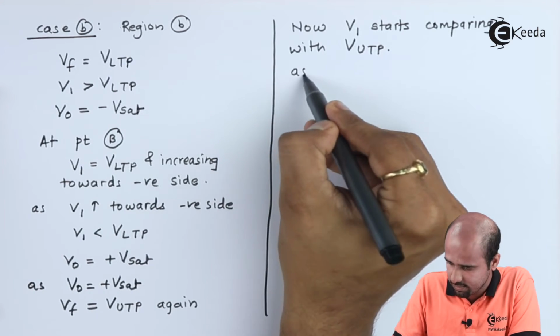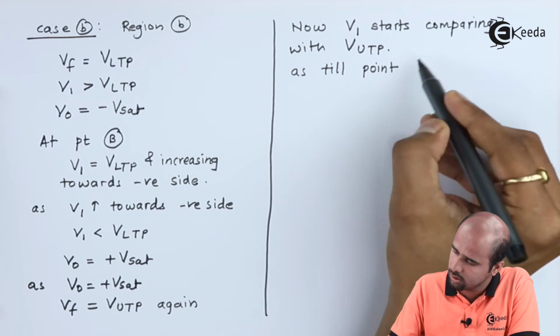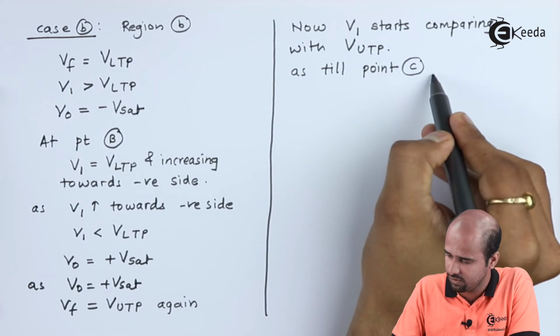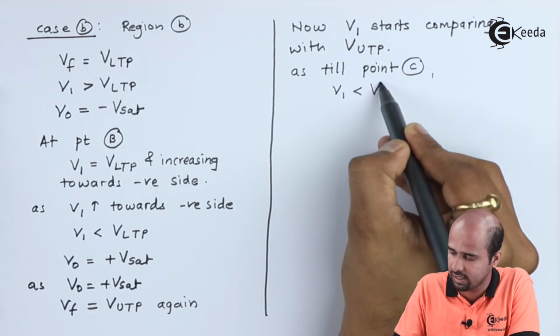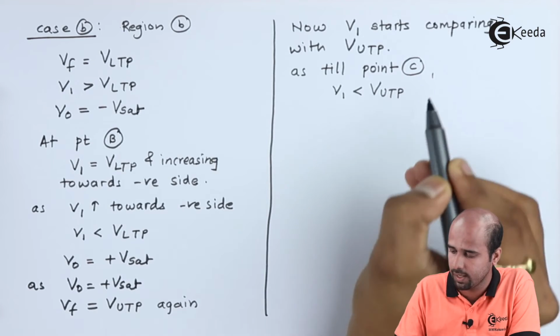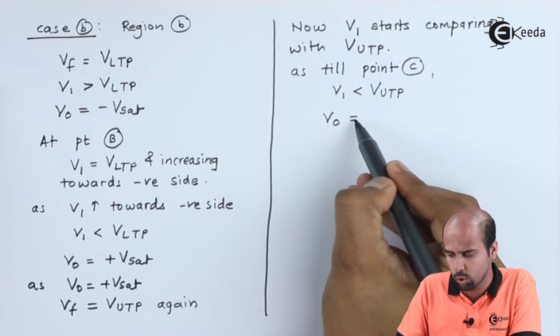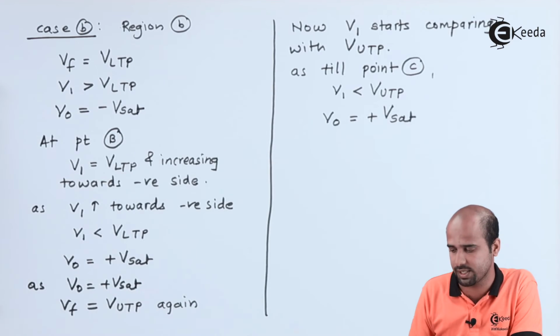And till point C, we will be getting V1 which is less than VUTP. As V1 is less than VUTP, this VO will continue to have a constant value, that is plus Vsat.